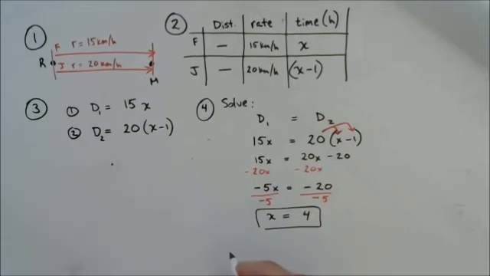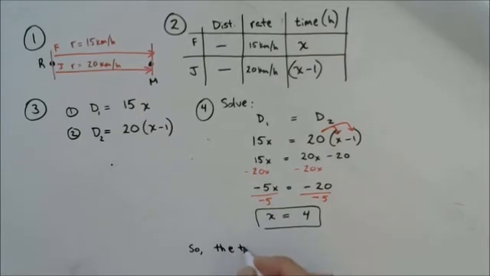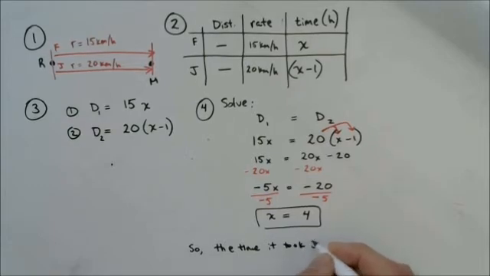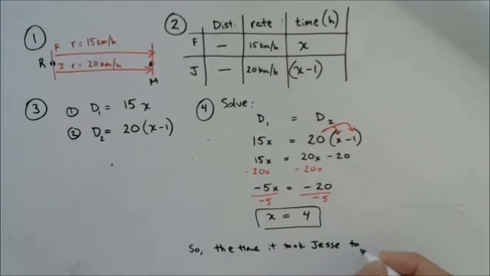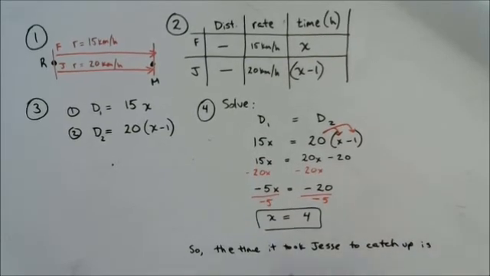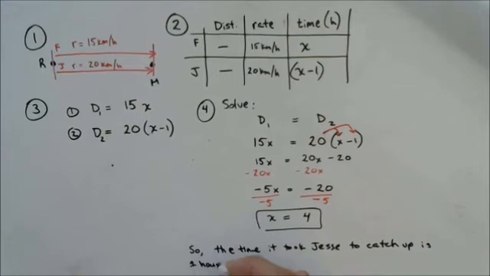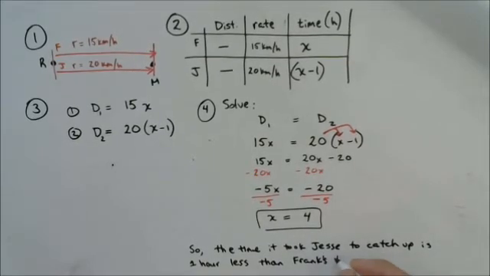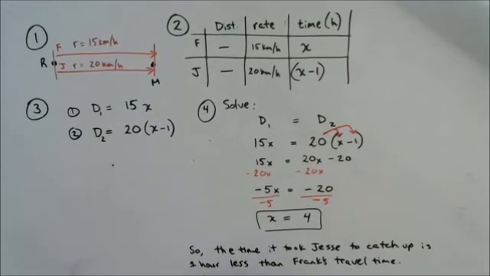So the time it took Jesse to catch up is 1 hour less than Frank's travel time. Therefore, 3 hours.